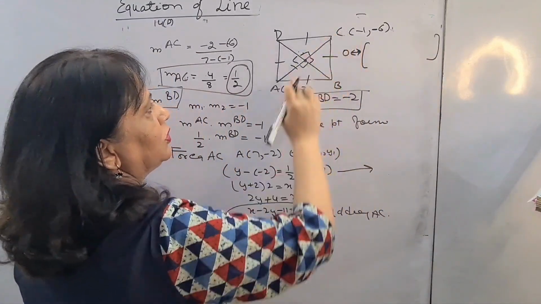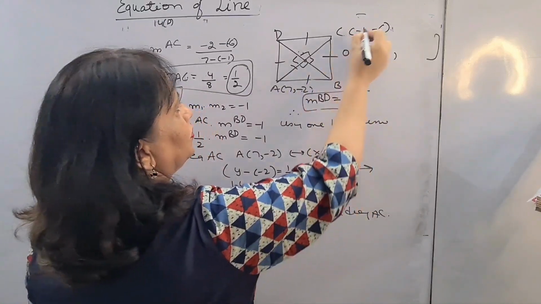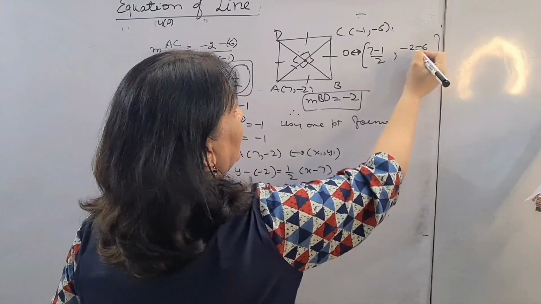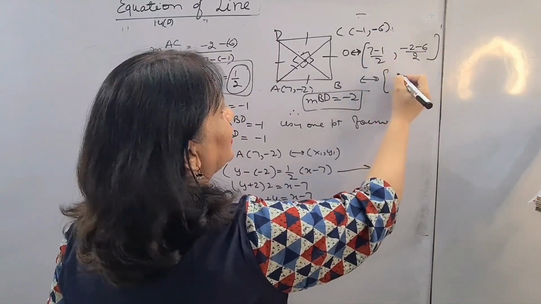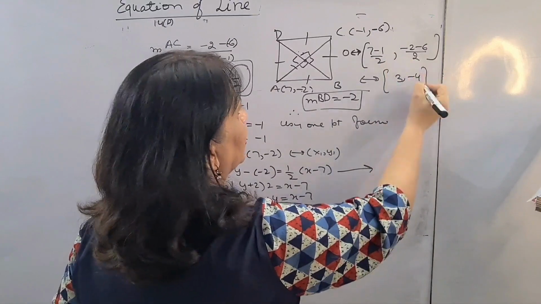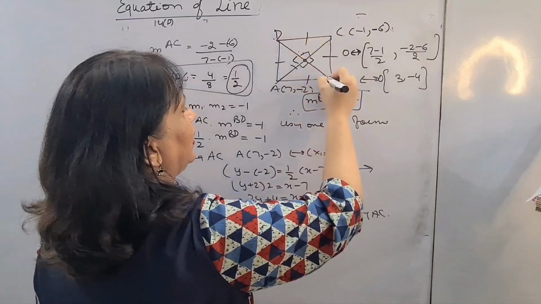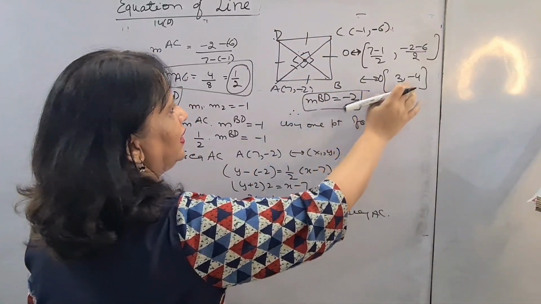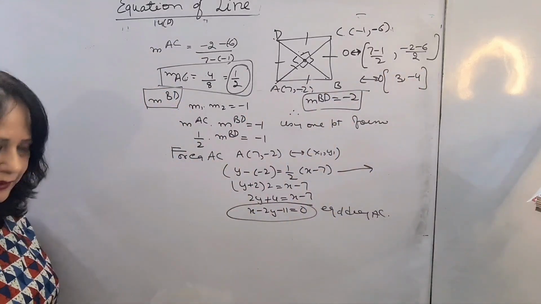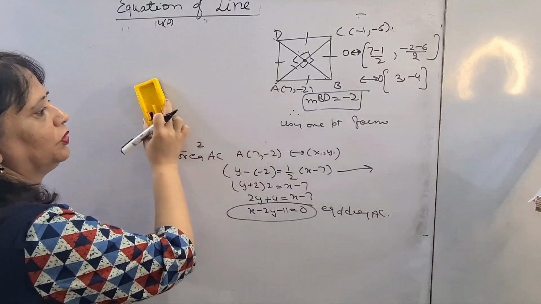AC is given to me, so (7 minus 1) upon 2 and (minus 2 minus 6) upon 2. We have done this in the distance section formula before also. It is (3, minus 4). So this point O lies on both the lines AC and BD. For AC we have framed the equation, so no need. For BD, the point is (3, minus 4).